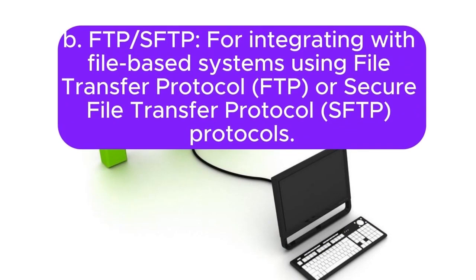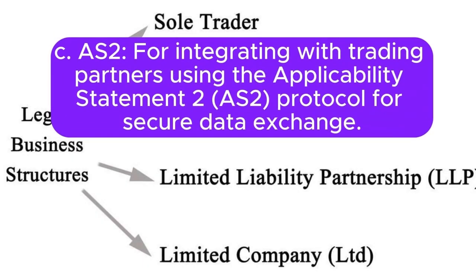B. FTP, SFTP, for integrating with file-based systems using File Transfer Protocol, FTP, or Secure File Transfer Protocol, SFTP protocols. C. AS2, for integrating with trading partners using the Applicability Statement 2, AS2 protocol for secure data exchange.